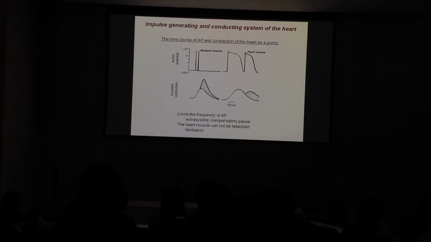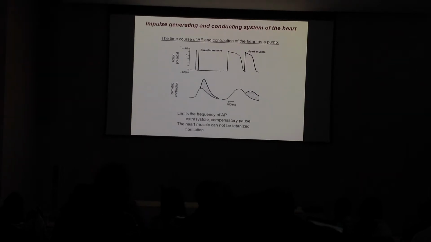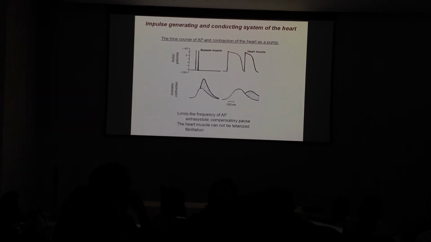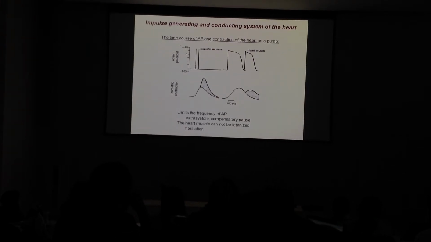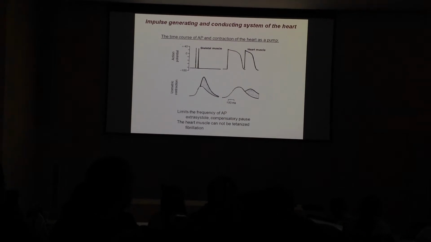This long-lasting, very well organized response is necessary for the pump activity. Pumping means the 70 milliliters of blood has to be ejected towards the aorta. And the ejection of 70 milliliters takes some time.